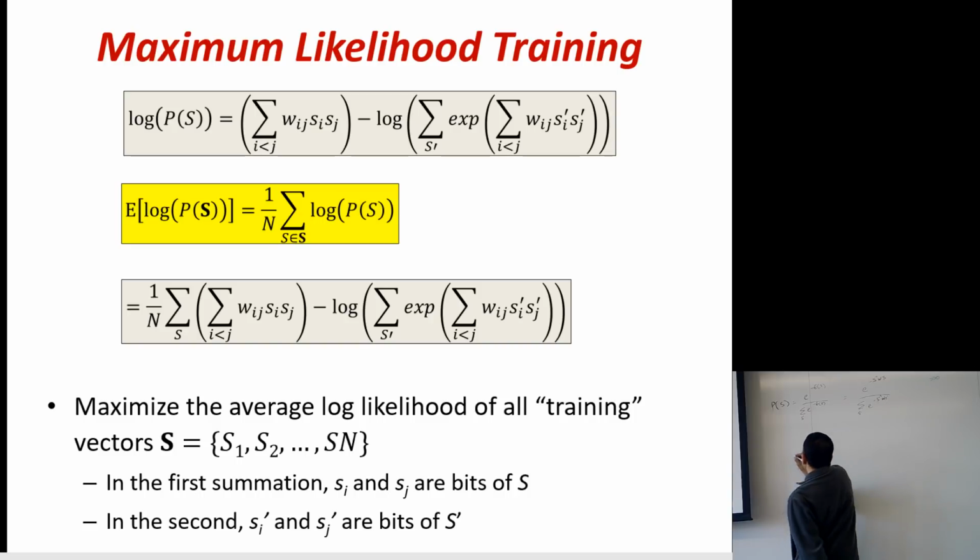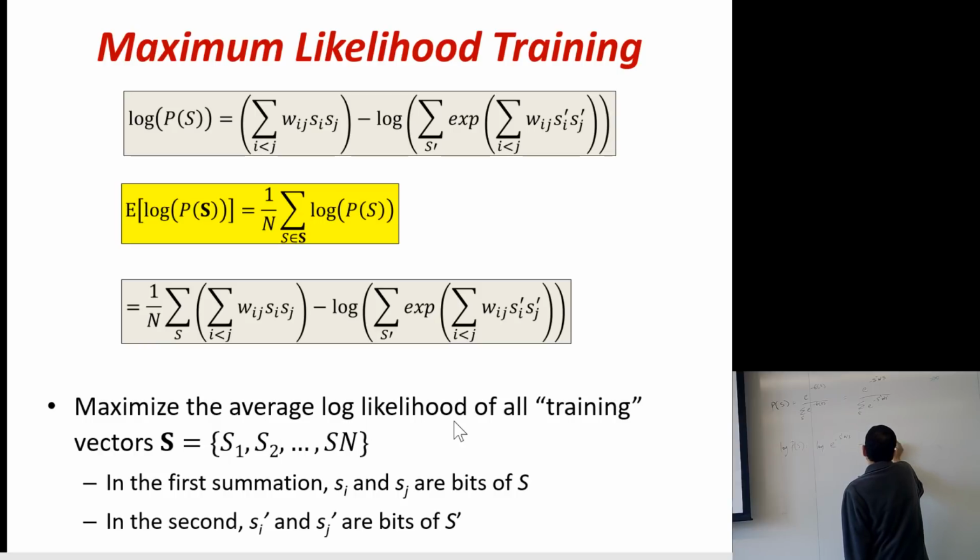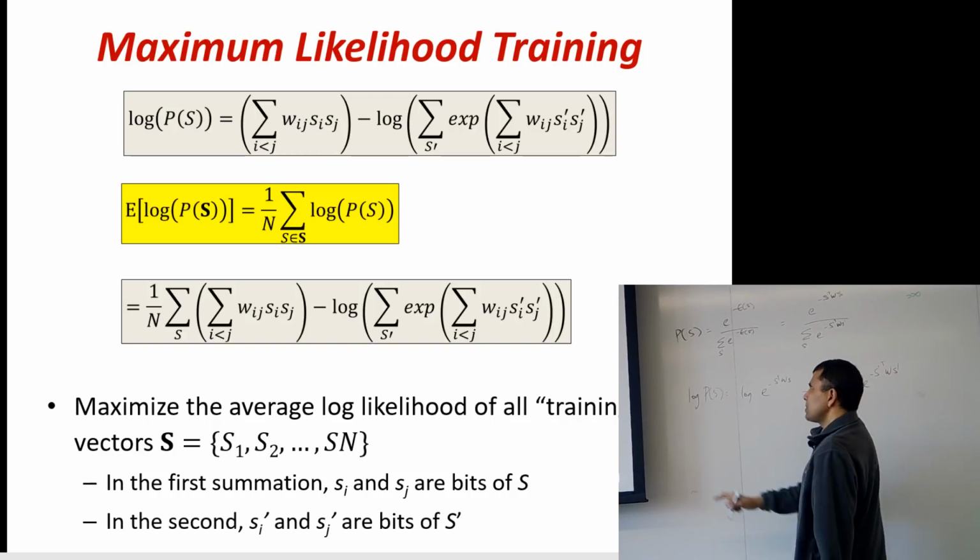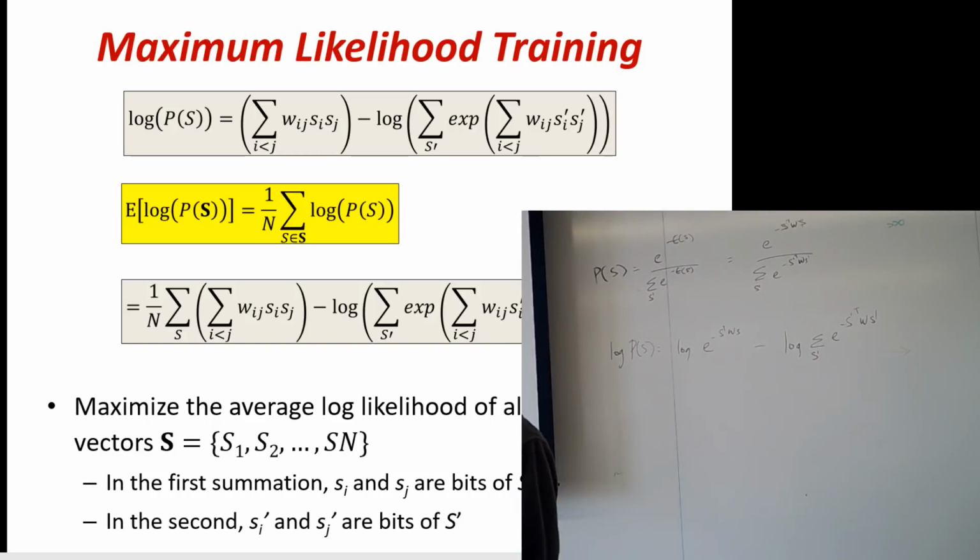So if I take a log of P of S, that's going to be log of e raised to minus S transpose WS minus log of summation over S prime e raised to minus S prime transpose WS prime. That's basically what I've written over there, right? And what is the log of this?